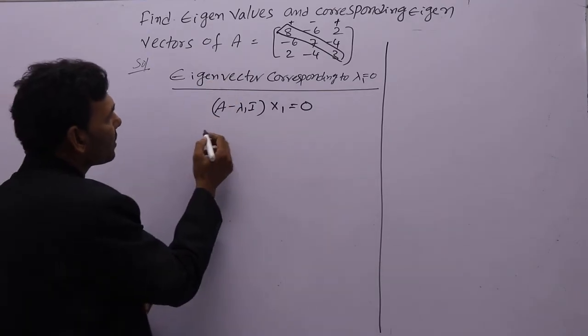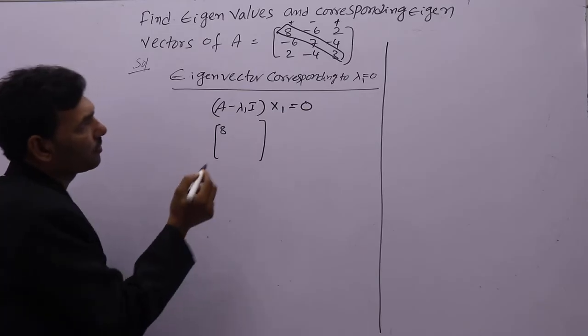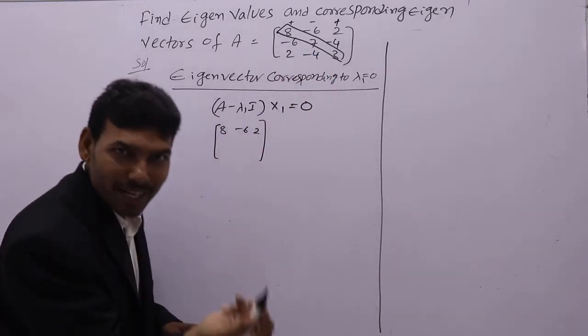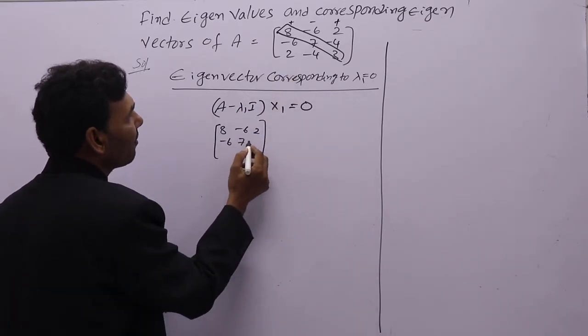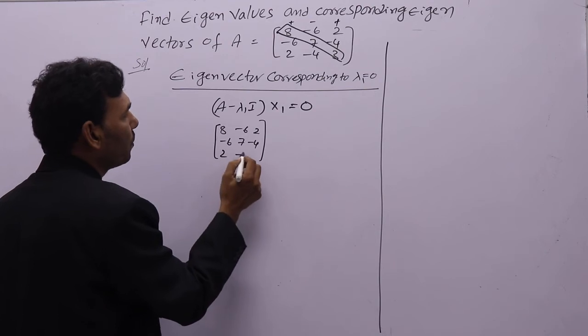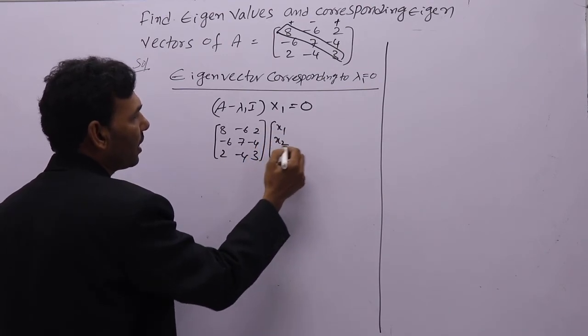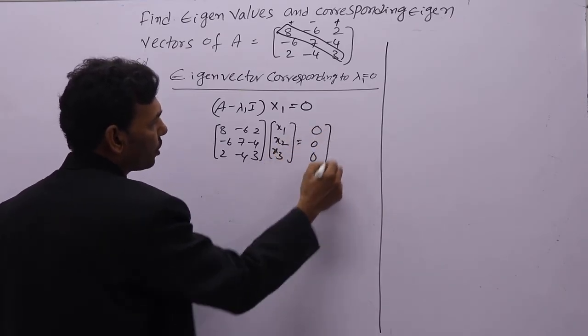Subtracting 0 means the matrix won't change. 8 minus 0, 8. Remaining 2 same. 7 minus 0, 7. 3 minus 0, 3. So the same A matrix you will get now: minus 6, 7, minus 4, 2, minus 4, 3. Here you will have x1, x2, x3 equal to 0, 0, 0.